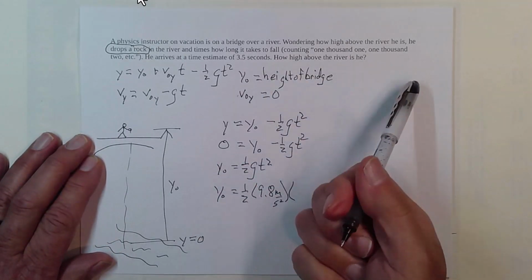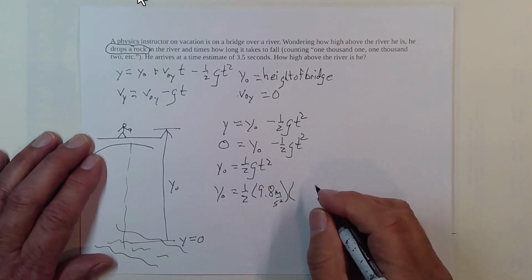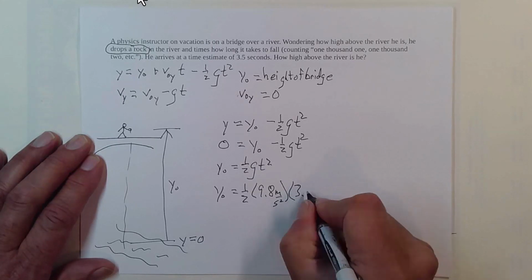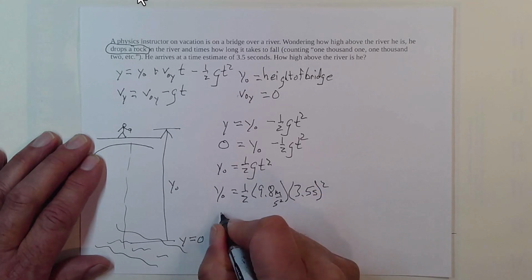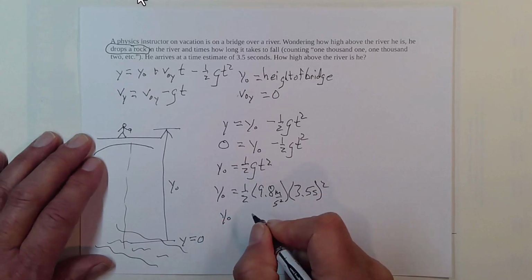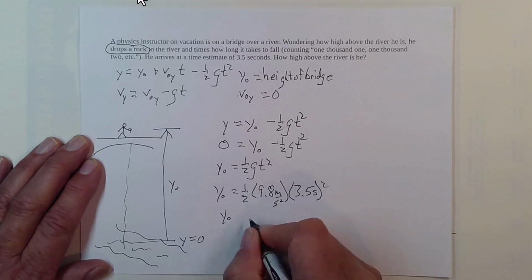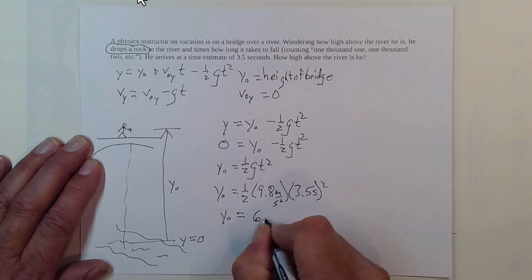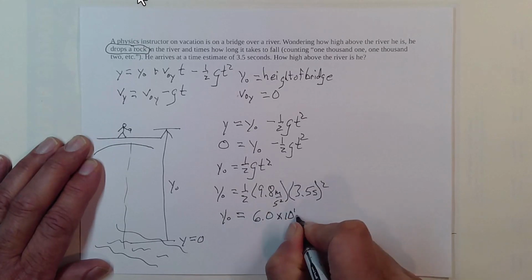Counting 1001, 1002, etc., it's actually pretty hard to estimate half seconds doing that, but we'll go with it here. 3.5 seconds squared, and if you plug the numbers in there, you get that the height of the bridge is equal to 6.0 times 10 to the first meters.